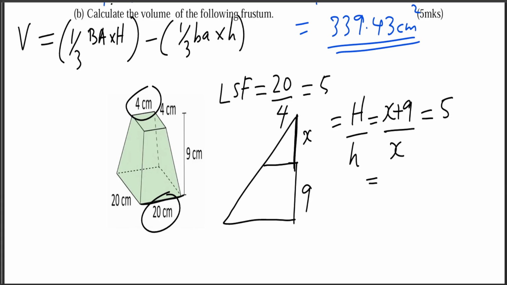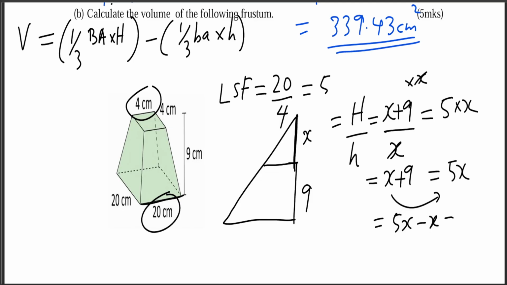Now cross multiply: 5x is equal to x plus 9. Move x to the other side: 5x minus x is equal to 9. 4x is equal to 9. Divide by 4, divide by 4. x is therefore equal to 9 over 4.